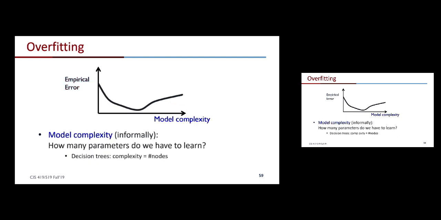And this is as a function of the model complexity. Now, we haven't defined model complexity. In decision trees, it's very easy to talk about model complexity. It's basically the number of nodes. In general, it could be the number of parameters, even though we gave an example last time when we talked about linear functions. And there, the notion of complexity was a little bit more involved.